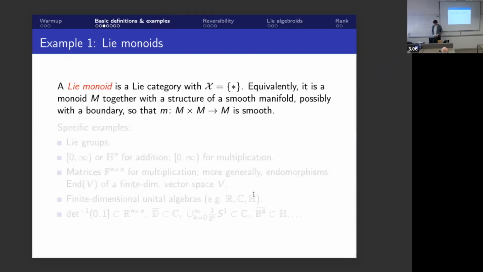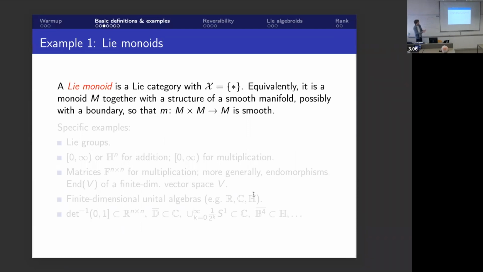Okay, so let us continue with examples, which are surely necessary in order to shed some light on this abstract definition of a Lie category. So first of all, if we have the set of all states, or the set of all objects, a singleton, we just get a Lie monoid, right?